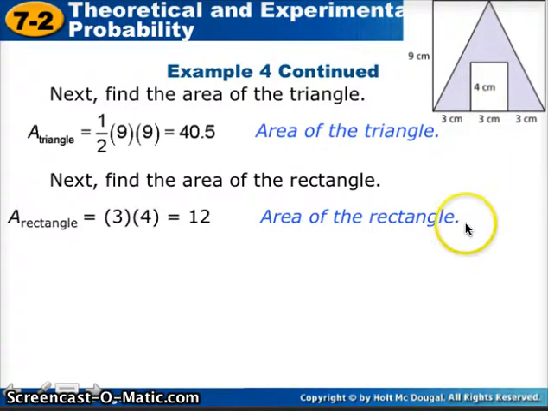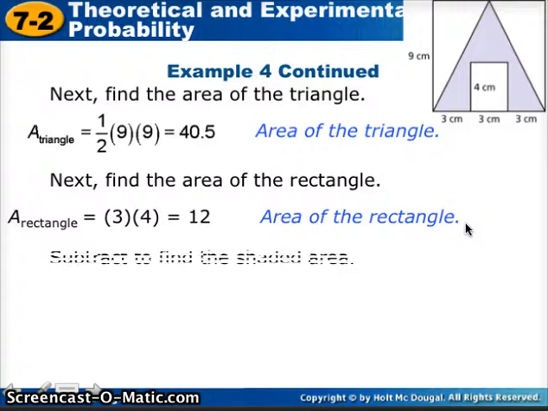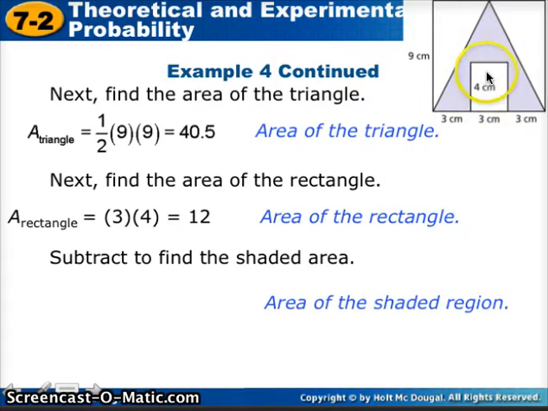So now we can find the area of the shaded region by subtracting. The triangle minus the rectangle on the inside of it will give us the shaded region. If I subtract these two numbers, 40.5 and 12, I can find the area of the shaded region to be 28.5.